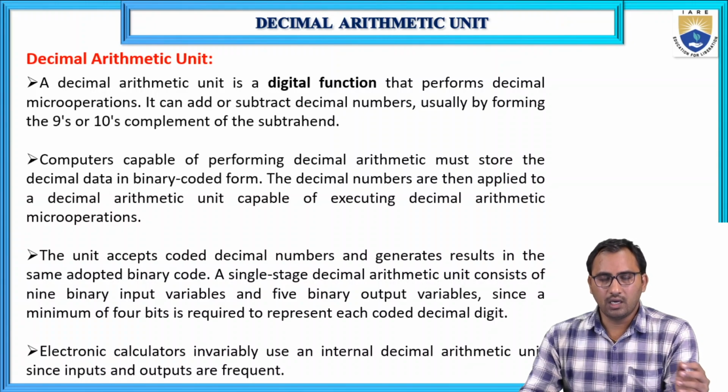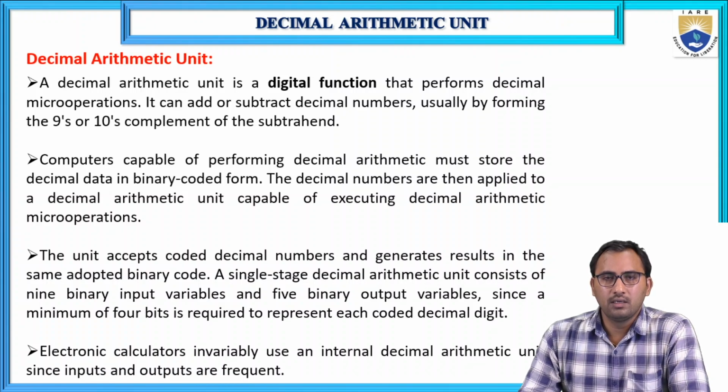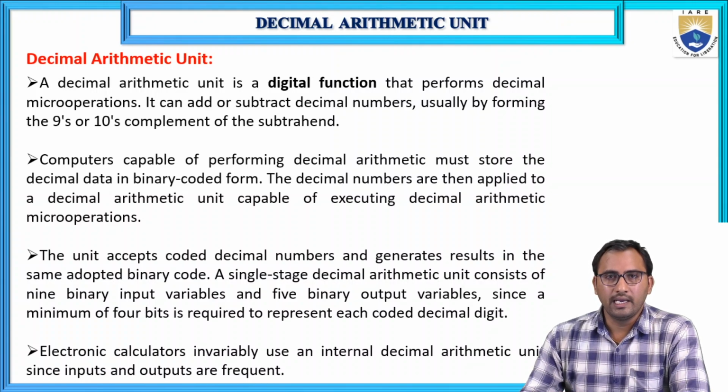So in order to overcome that, we have to design the CPU using the decimal arithmetic unit. That means the decimal arithmetic unit can support decimal numbers directly, and it will process various operations directly with decimal numbers.